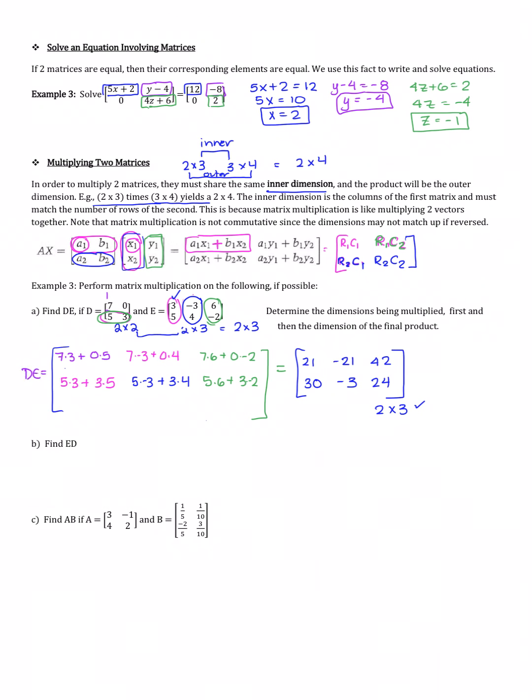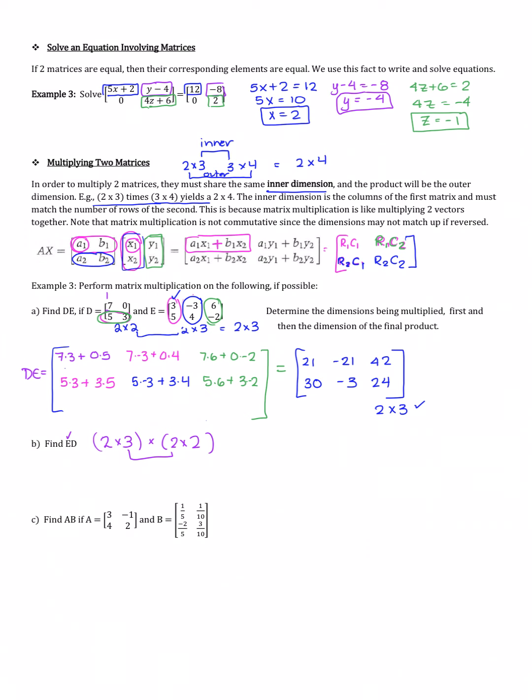Again, order matters. So D was the first matrix where we used the rows, E was the matrix we used the columns. If I switch it, then what I'm trying to do is multiply a 2 by 3, because that was E, against a 2 by 2, and notice my inner dimensions do not match up.